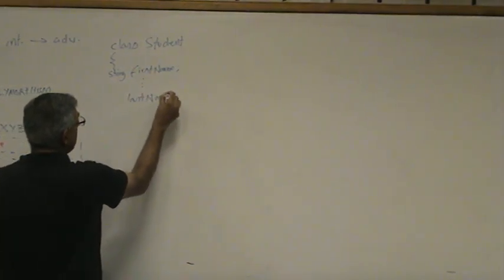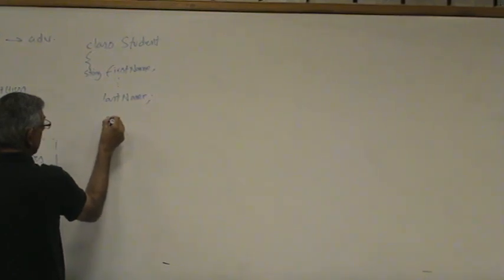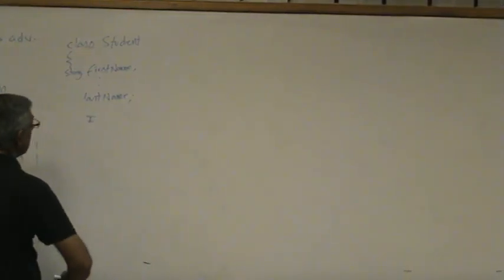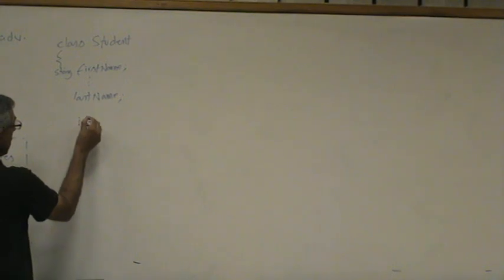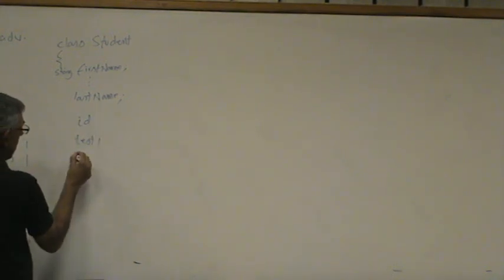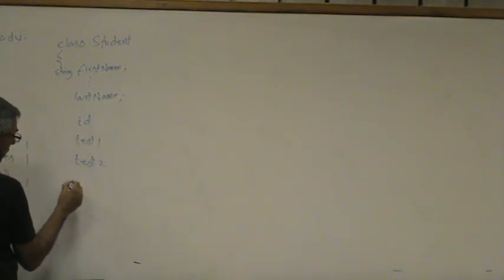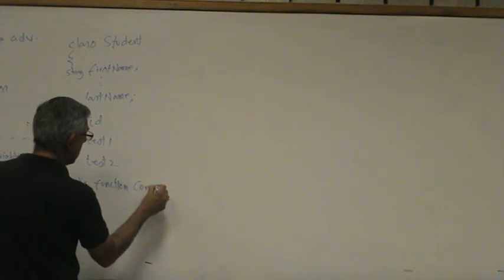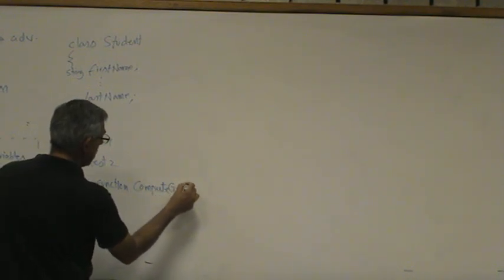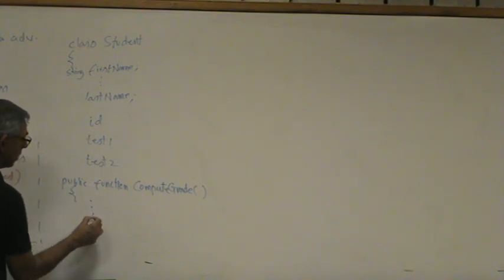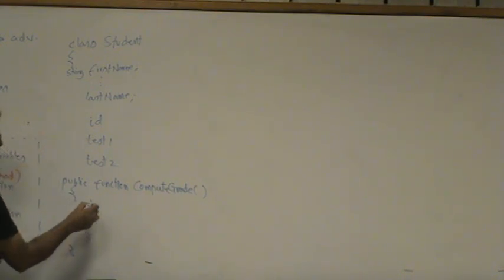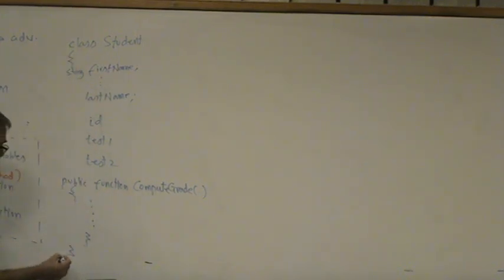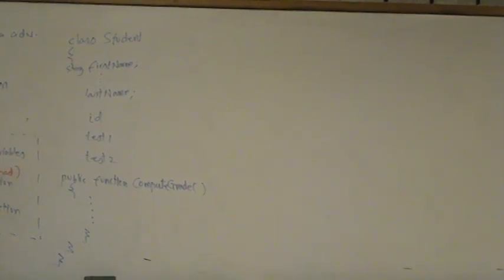We had last name, we had ID, we had test1, we had test2, and we had one function, compute rate, right? And whatever the code is. So this returns the grade, A minus, B plus, whatever the grade is, right? So the class starts over here, finishes over here, okay?